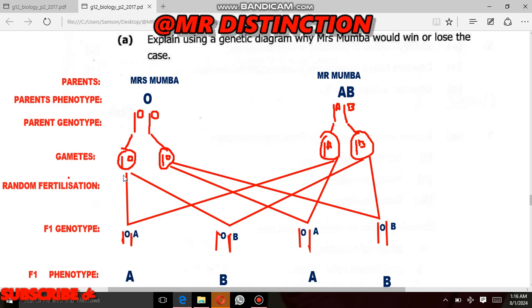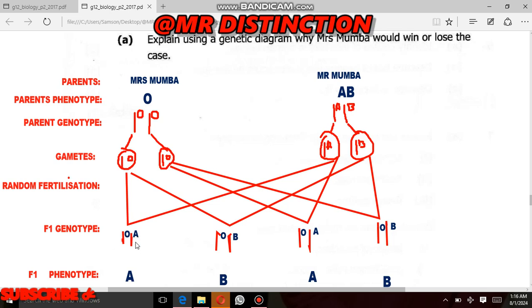In the first place, you write a line coming from the first circle to the first circle of this side, as you can see. So we have this IO over here, and this IA over here. So we have got this genotype.